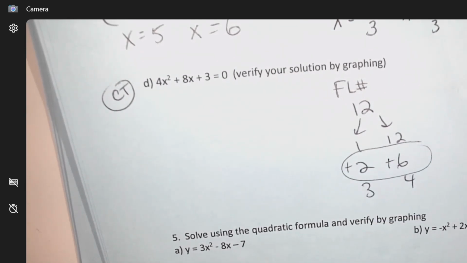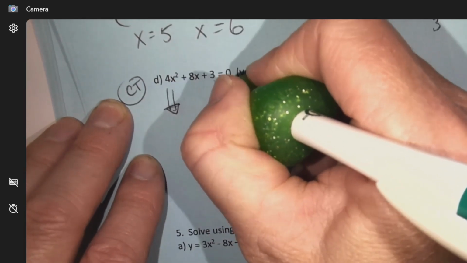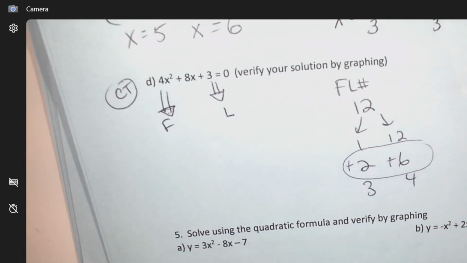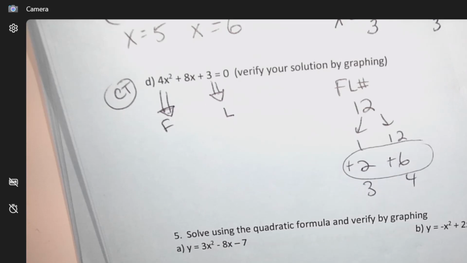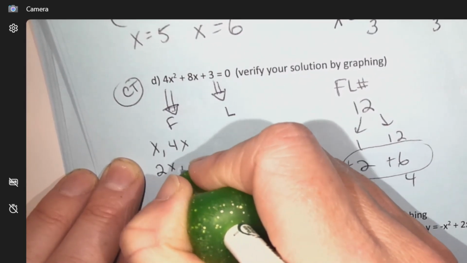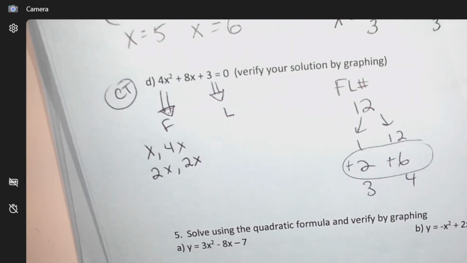Okay, so here's what I'm thinking. We're going to go plus plus to make plus 12 and plus 8. So let's make our options. How could I produce 4x squared? Well, I have a couple options. I could do 1x times 4x.